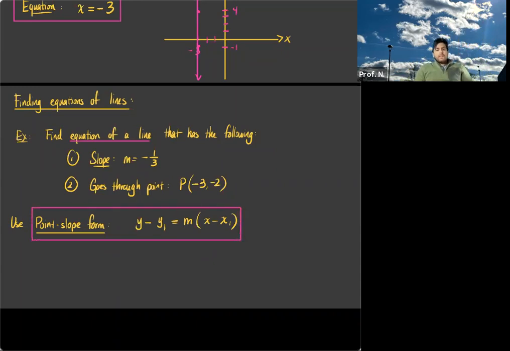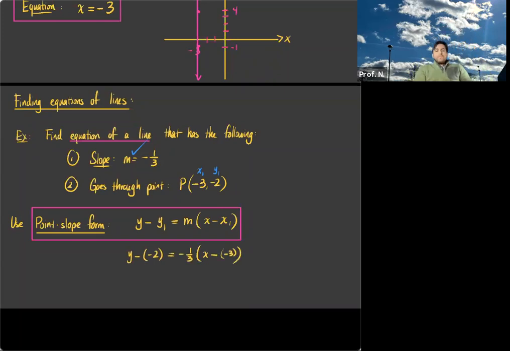Okay. So look what we got. We got the slope, check. And then we got 1 point. I'm going to call this point x1, y1. I don't need an x2 and y2 because I don't have another point. I only have 1. So I have a point, I have a slope, hence use point slope form. Now plug in. So I got y minus parentheses -2 equals -1/3 parentheses x minus parentheses -3.